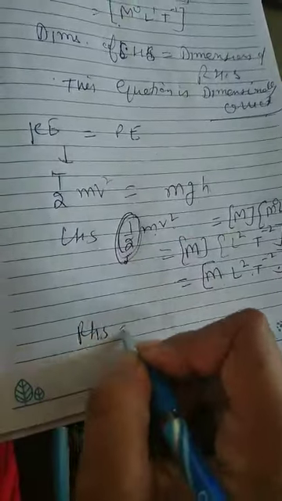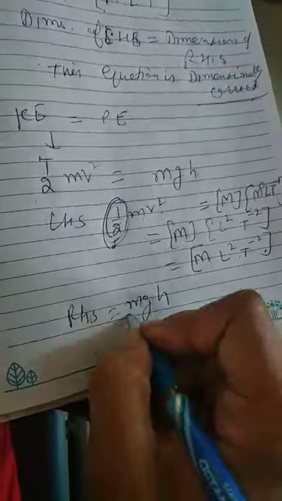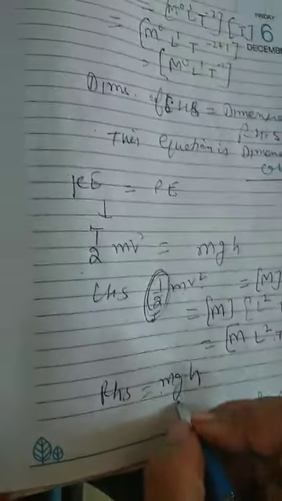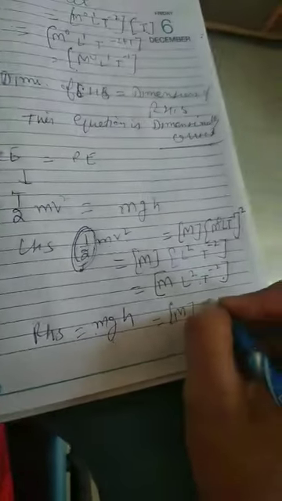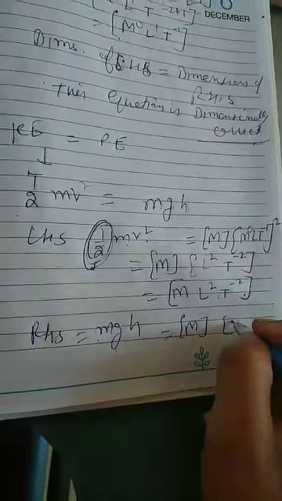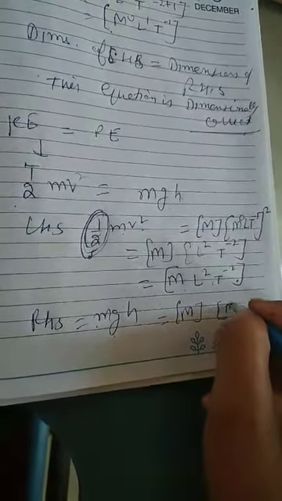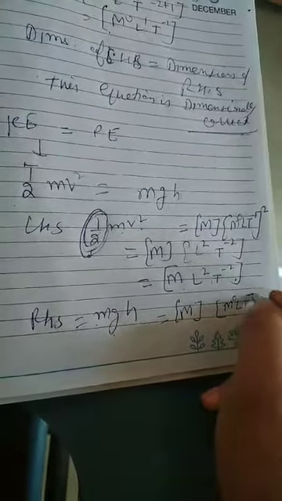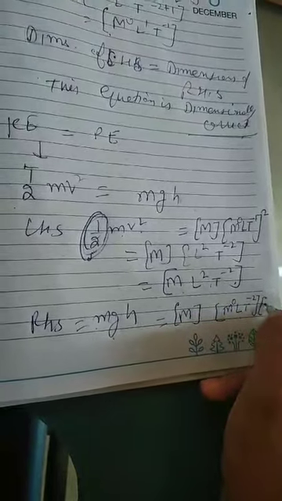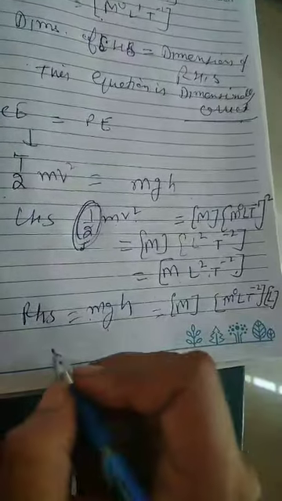Similarly, right hand side is mgh. m is the mass, g is acceleration due to gravity, and h is the height. m has dimensional formula M. g is acceleration due to gravity, meaning the formula of acceleration, M^0 L T^-2, and h is L in terms of length.